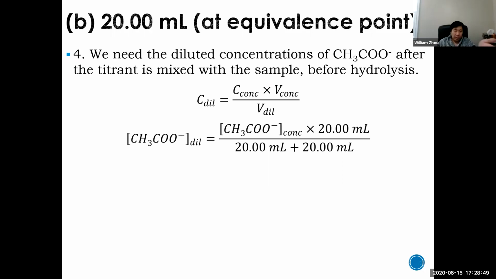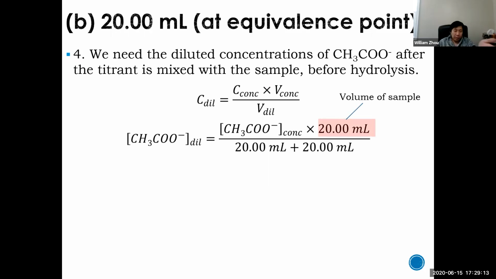You need to know the concentration of the dilute of this thing, the conjugate base. But what is that thing? Well, the volume, I know, we have 20 milliliters of this. Okay, it came from the acid, so we have 20 milliliters of that. That would be the sample.